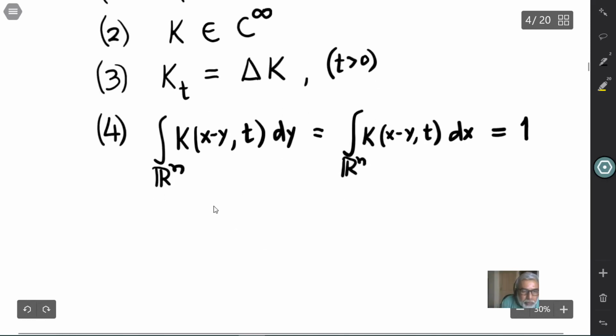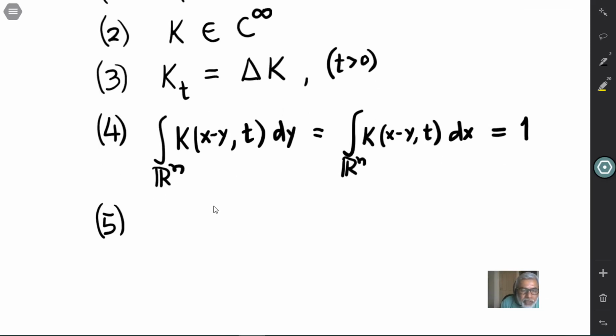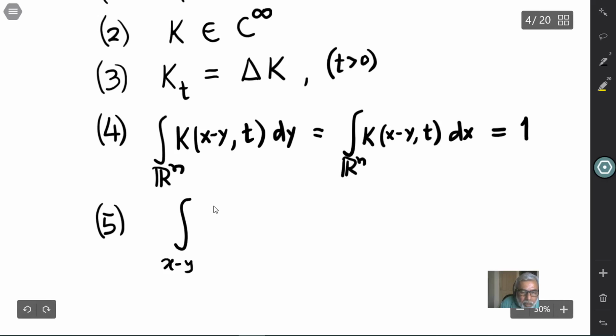And then the crucial property, this one. If you integrate not on the whole of Rn, but you just leave out a ball, k of x minus y, t dy.